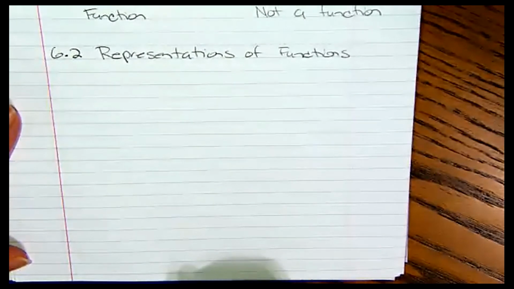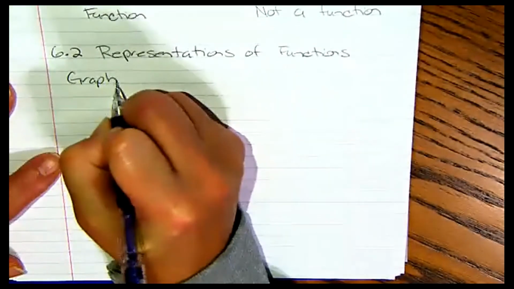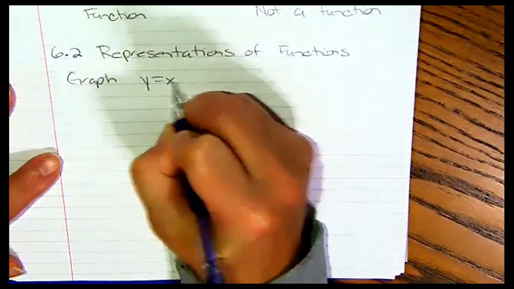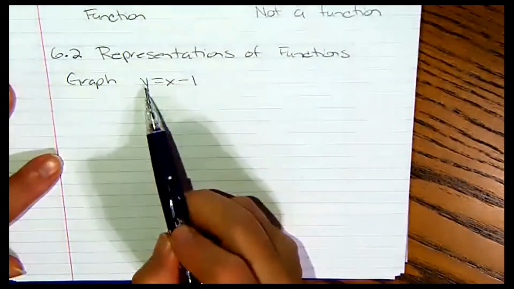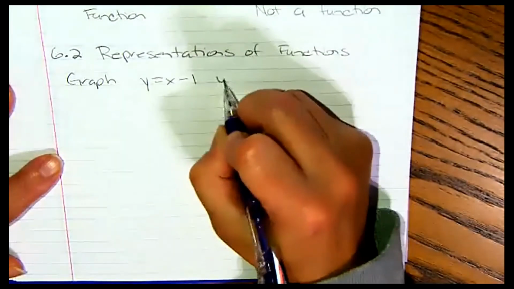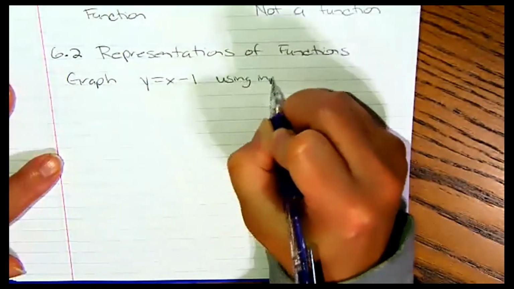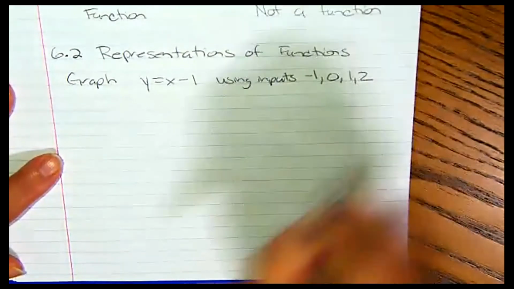So the book is going to ask us to graph this function. I want you to take a look. It does follow y equals mx plus b format, using inputs -1, 0, 1, and 2.